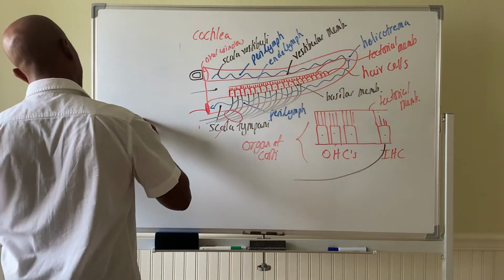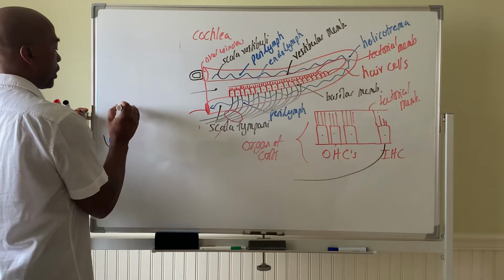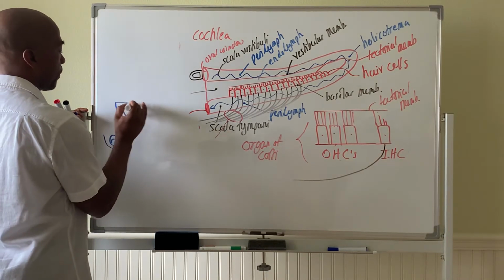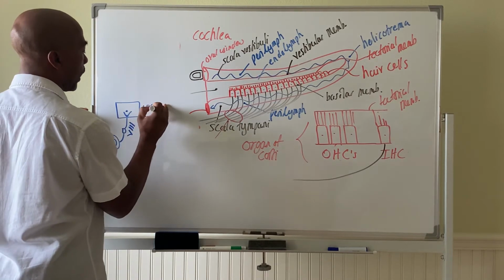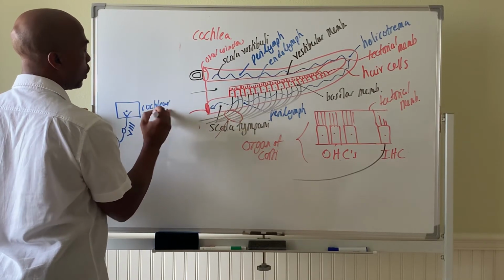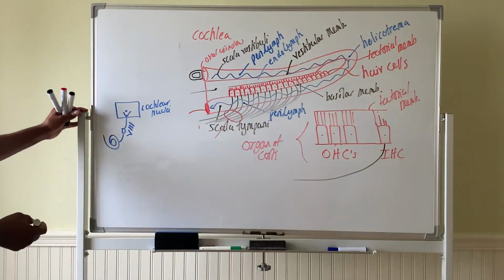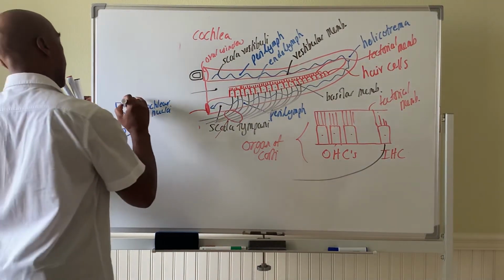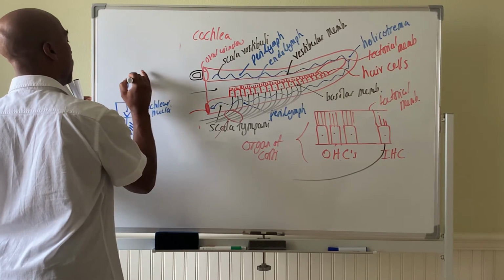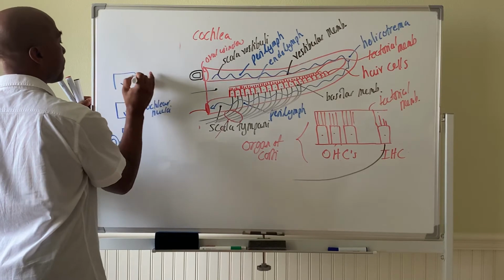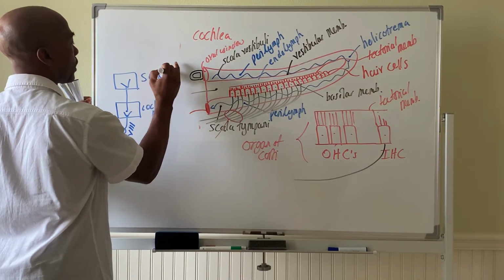Nerve number 8, the auditory nerve or vestibular-cochlear nerve, will synapse into what's called the cochlear nuclei, which is in the pons, and then from there, still in the pons, synapse into your superior olivary nucleus.